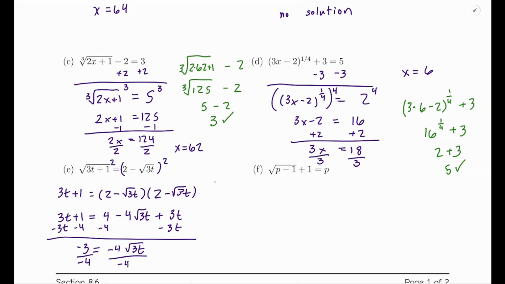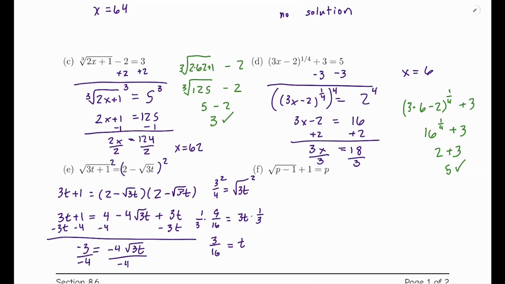We get 3/4 equals square root of 3t. Now I square both sides. Get 9/16 equals 3t. Multiply both sides by 1/3. We get 3/16 is equal to t. And I'm going to leave it up to you to check this solution.